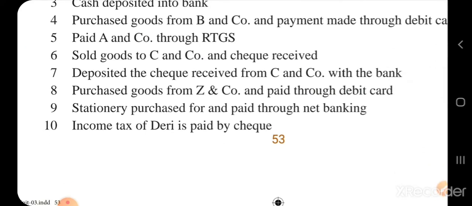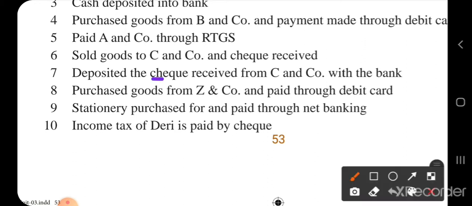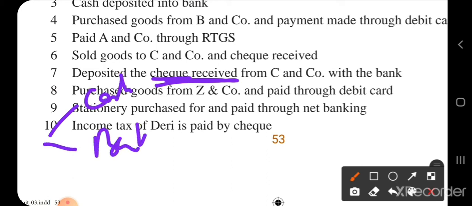Deposited the check received from C and company with the bank. So what are the two accounts involved? Deposited the check. Check received is what? Cash. From C and company with the bank. So the two accounts are cash account and bank account. Cash is a real account and bank is a personal account. Real account, what is the rule?